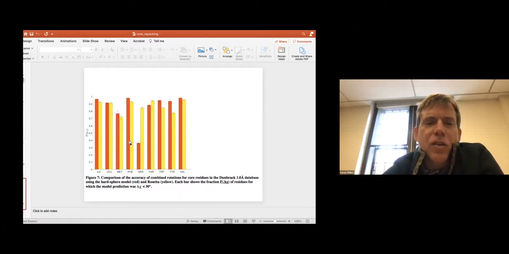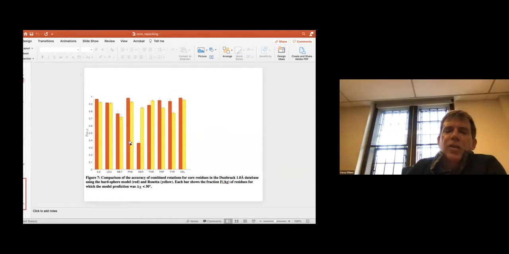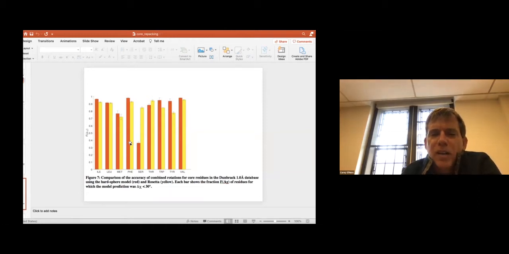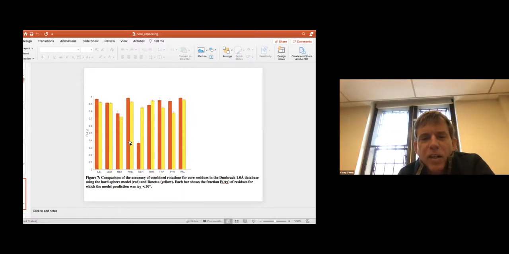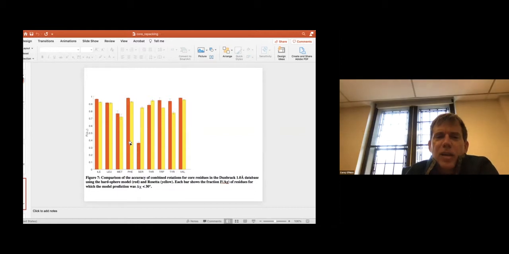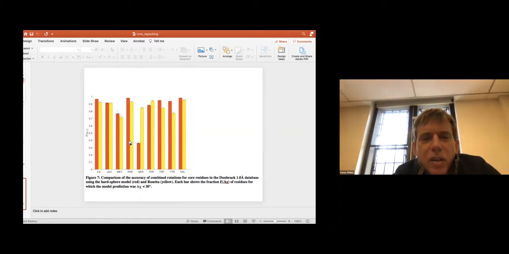These results are the fraction of residues that you can predict within 30 degrees. And we can compare this hard sphere plus stereochemical constraint model, that's in red, to Rosetta, which is a commonly used sidechain recovery software. And what you can see is that the red and the yellow are comparable.